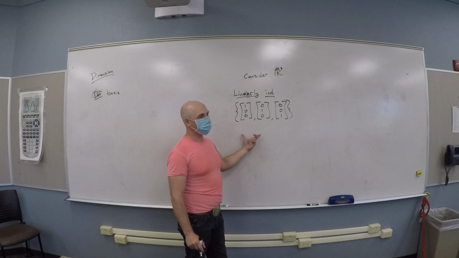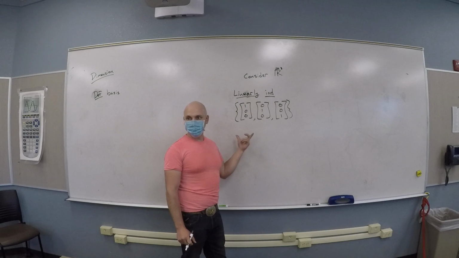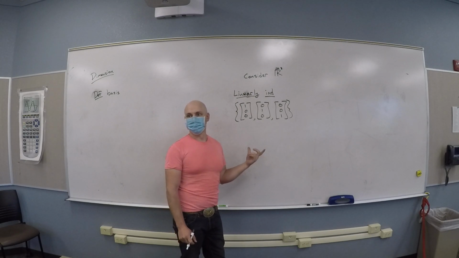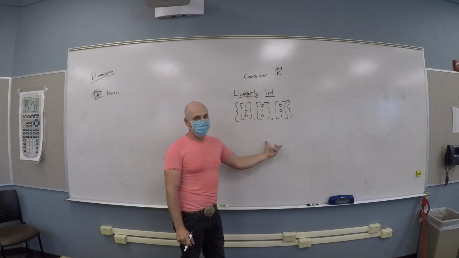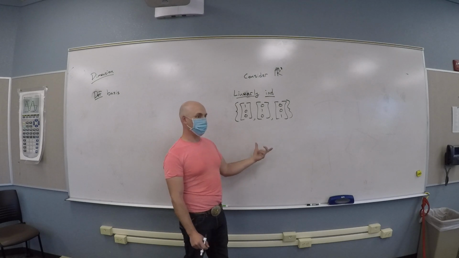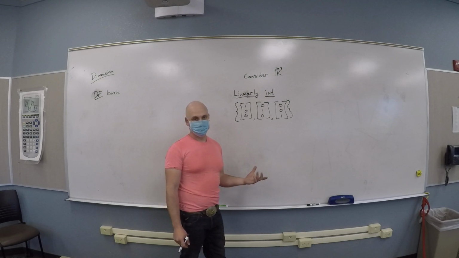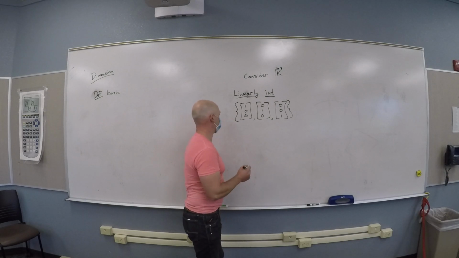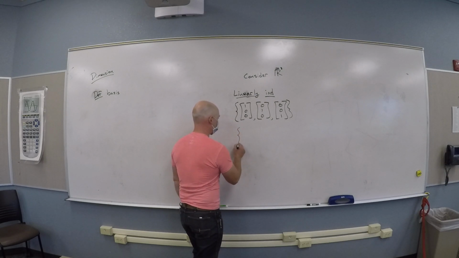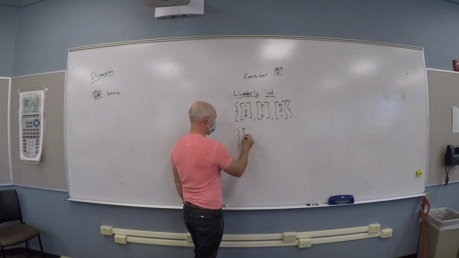So that's a linearly independent set. Are all linearly independent sets in R3 inclusive of three vectors? Do they all have three vectors, or can you make a linearly independent set with fewer or more? I think they're all probably fewer. So, tell me about this set.